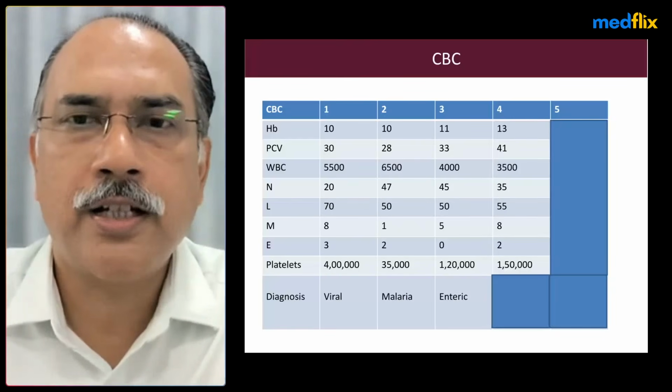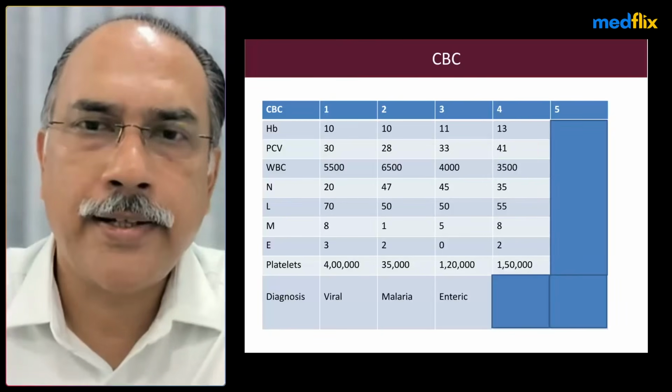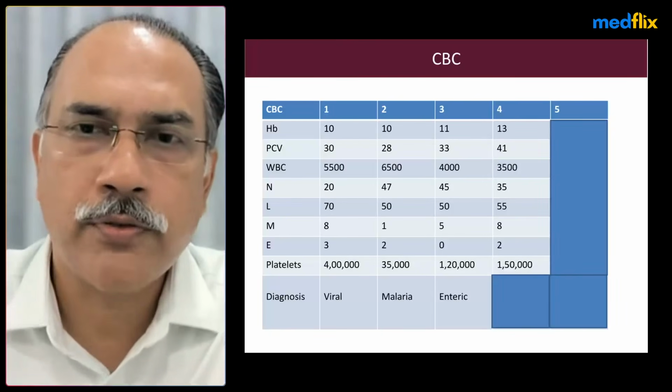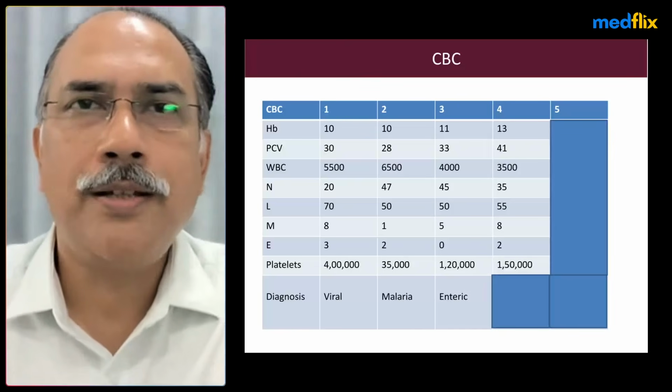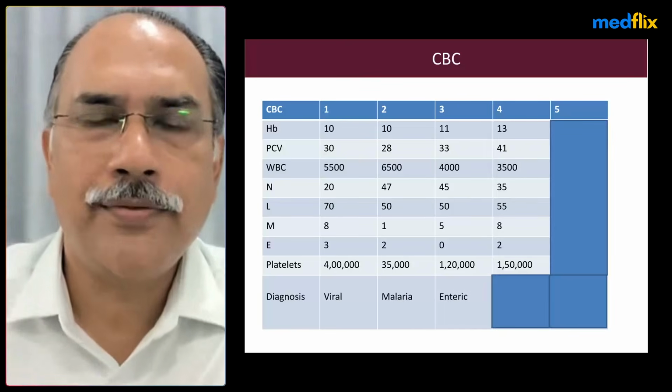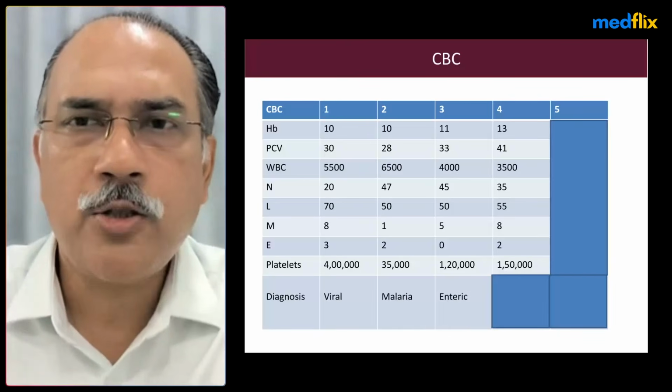Then later on it gets converted into more of lymphocytes. But majority of the enteric early on will have low eosinophils. And the platelets would be low, but it would be between 1 and 1.5 lakh. Usually they don't go below 1 lakh. Let's look at the next one.